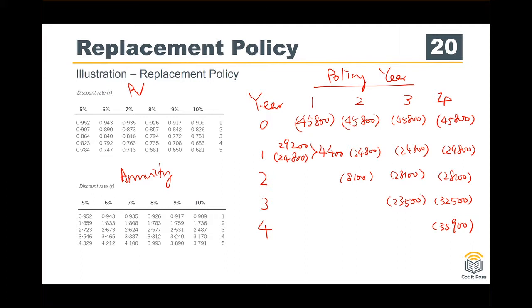Then you have the cash flow for each policy year, before discounting. So you have to find the net present value by discounting those cash flows, using the discount factor at 10%.